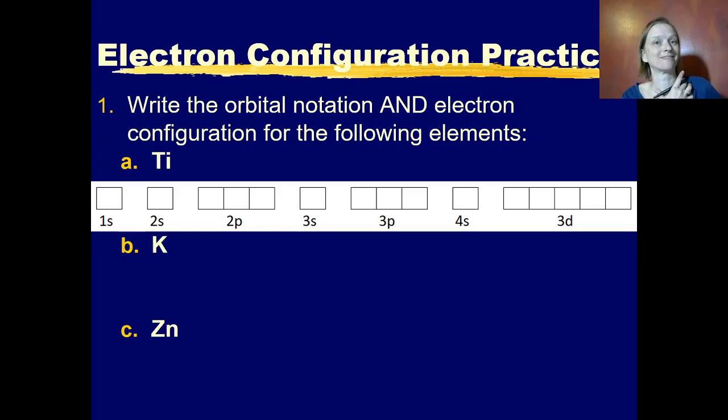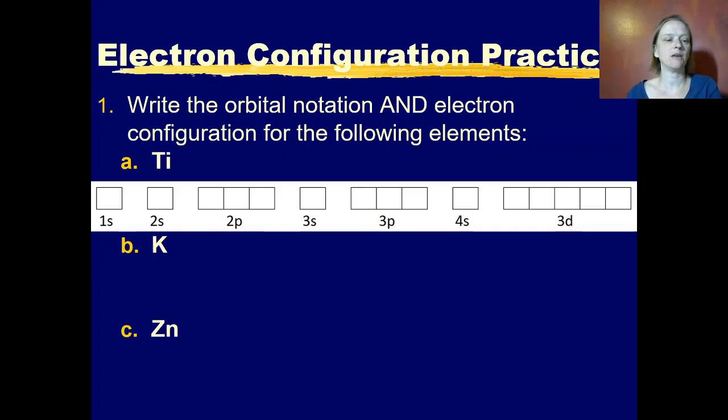So let's practice. If we want to write the orbital notation and electron configuration for the following elements, it's better to start with the orbital notation, I think, when you're first learning these.